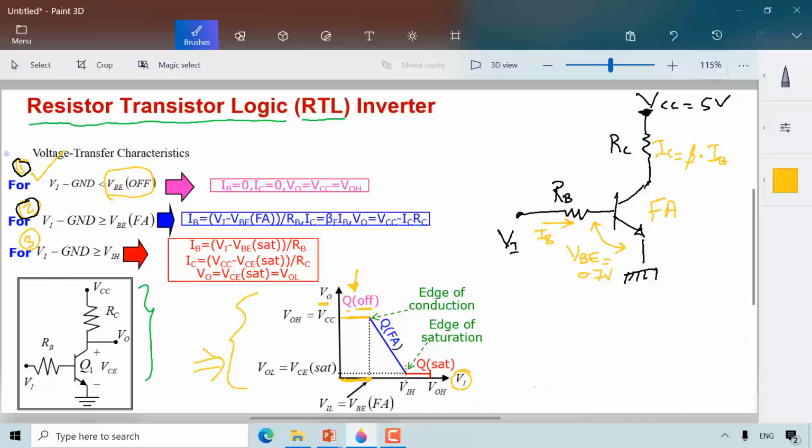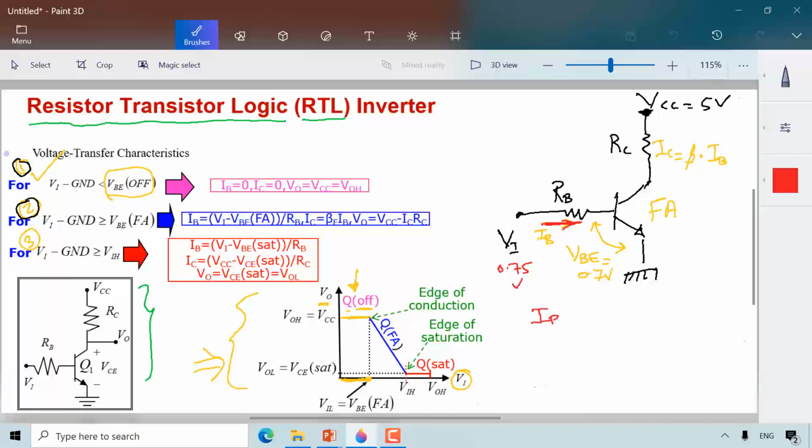Let's take some example numbers so that we can run those through. Suppose the input voltage here is 0.75 volt. What's the value of IB?